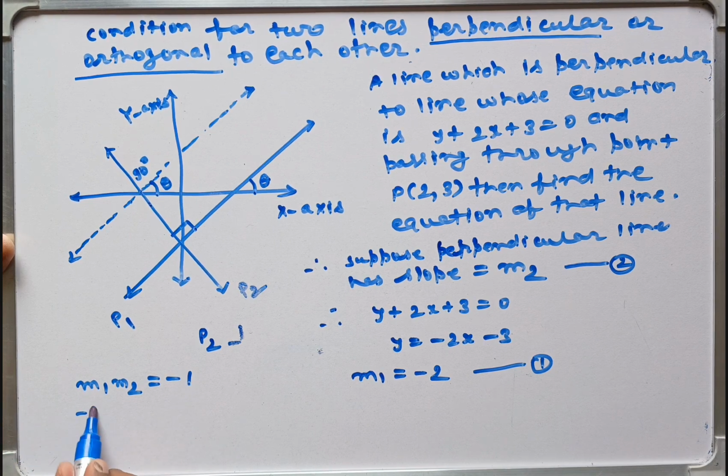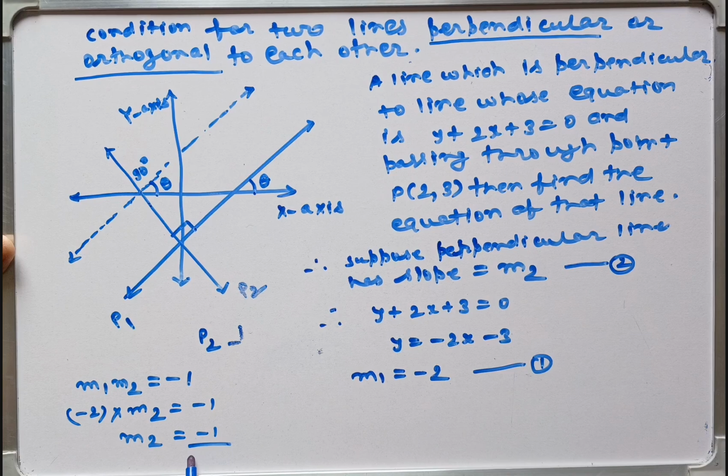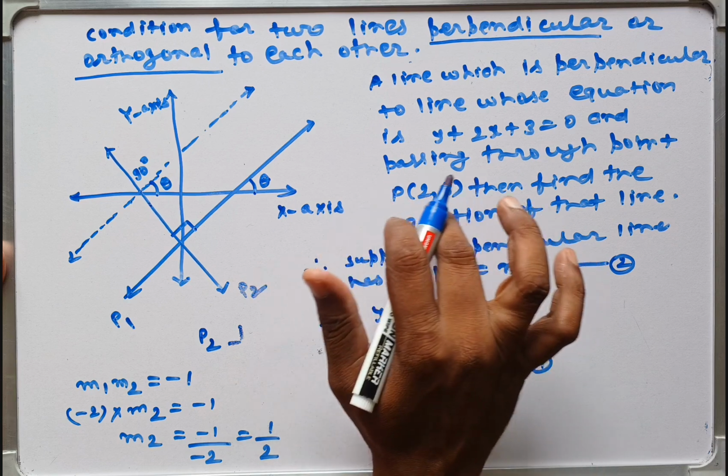So if we put in the values, minus 2 into m2 equal to minus 1, then m2 equal to minus 1 divided by minus 2, which is equal to 1 by 2. You now know the slope of the perpendicular line, and it is passing through point P.